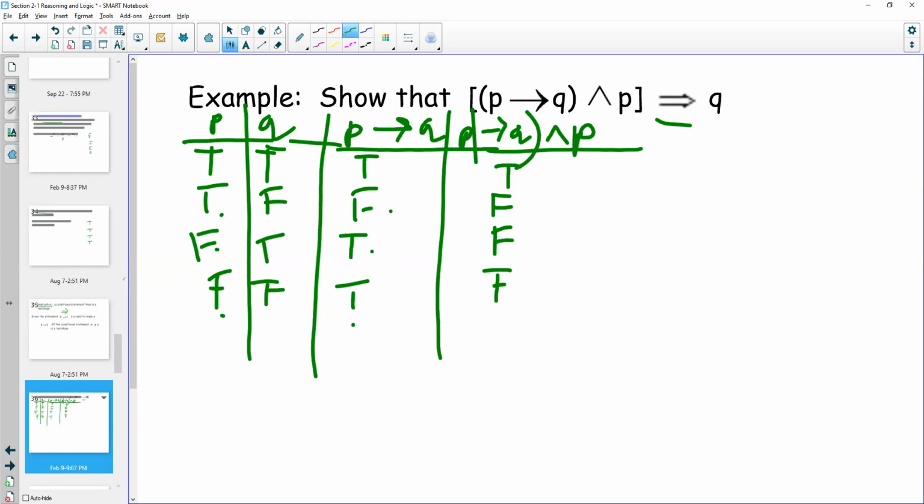No, that's false. That's true. I did something funky somewhere in my truth table. I hope you see it. Well, essentially what's going to happen normally when I don't do something silly is this should be true because the whole thing should come out true.